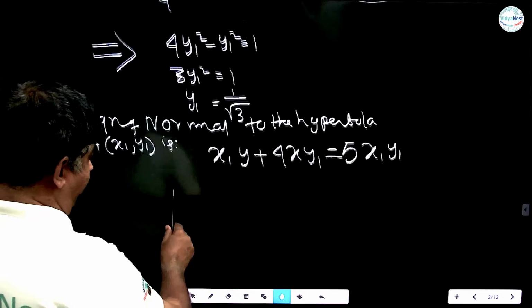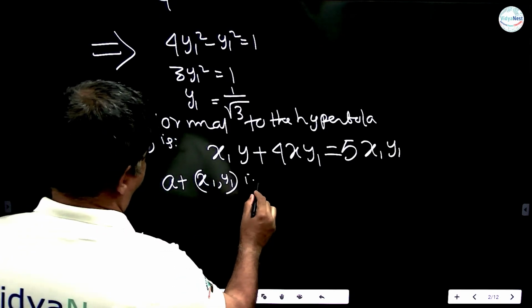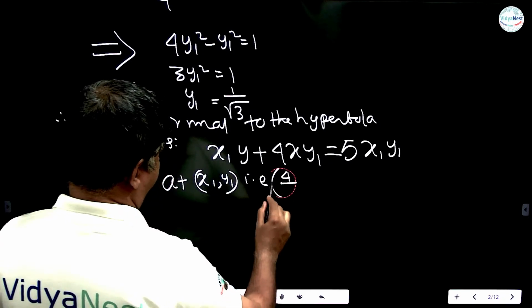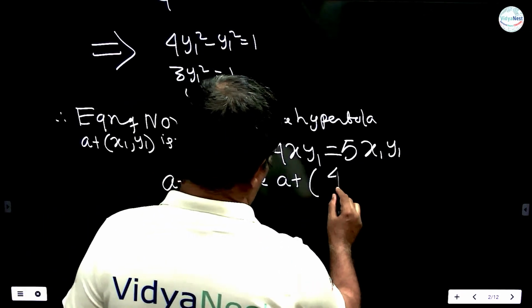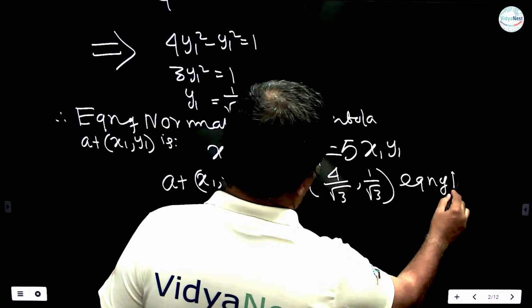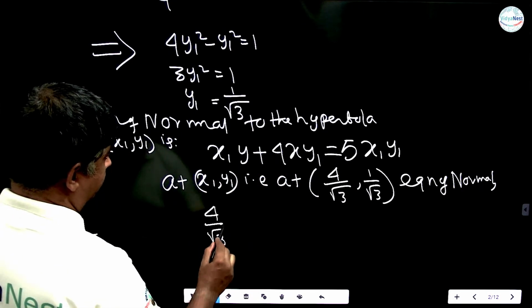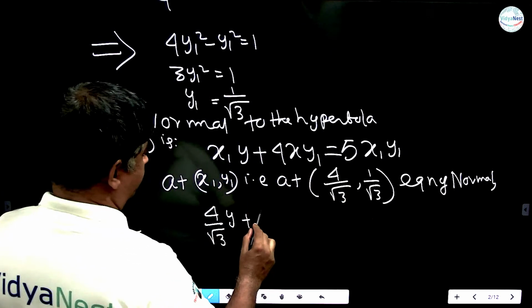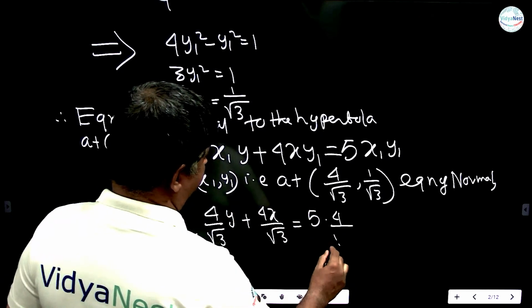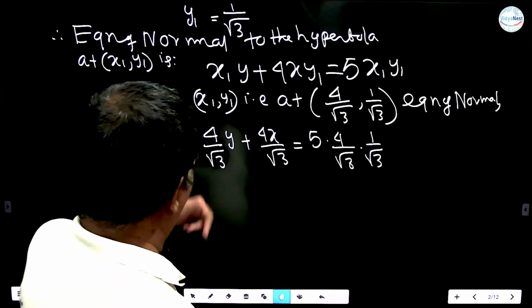Now x1 is what? Y1 is what? 5. So what simplification is waiting for us?